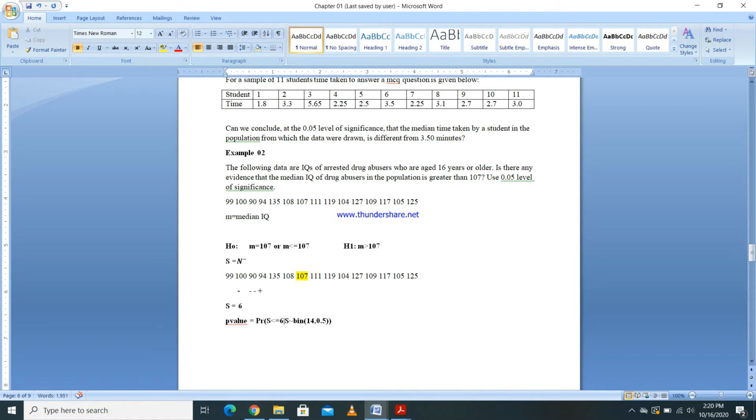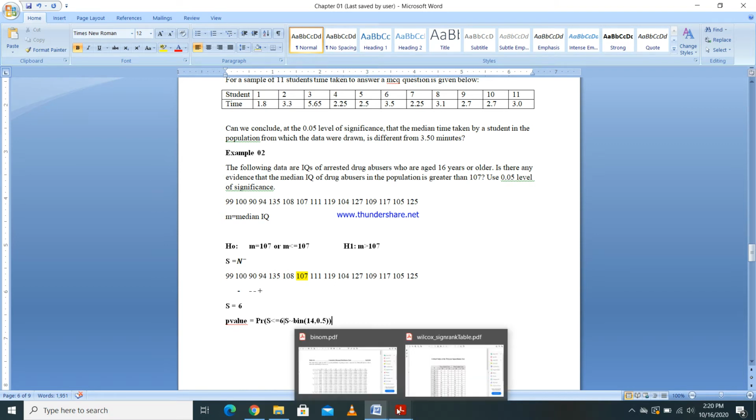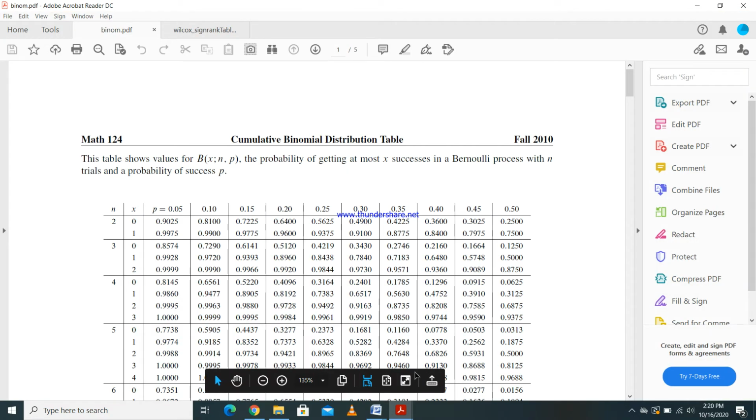Since this is a one-sided test, we are not going to multiply the p-value probability by 2. So you have to just straight away read this p-value from the binomial table. Let's read. When it comes to the binomial table, in the first column we have the sample size.